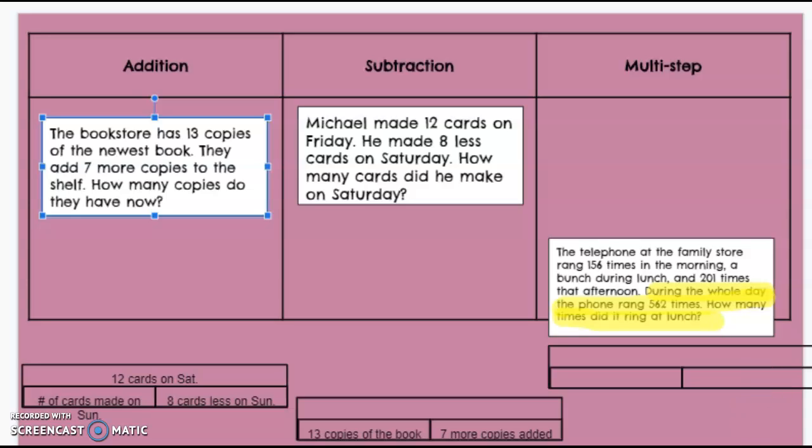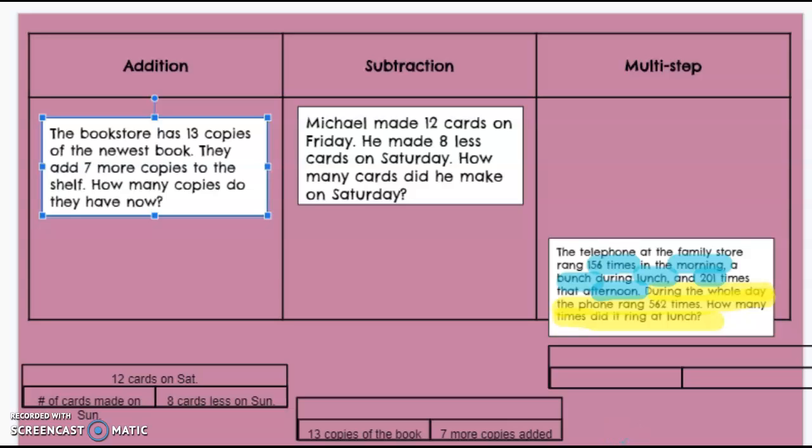Well, what information are we given? 156 times in the morning, a bunch during lunch, and 201 times in the afternoon. That's your important information. That's what we need to know. And the question is telling us, during the whole day, the phone rang 562 times.